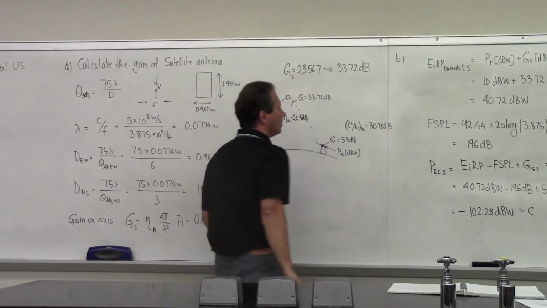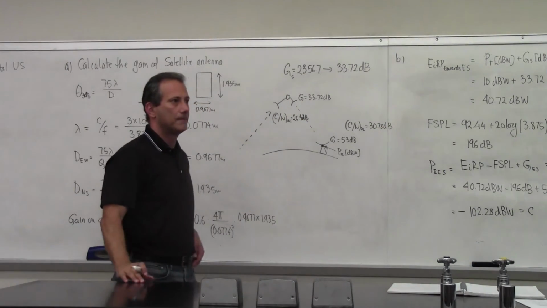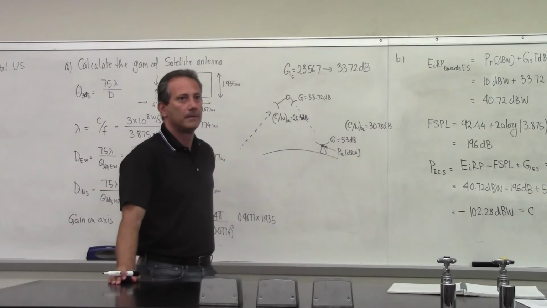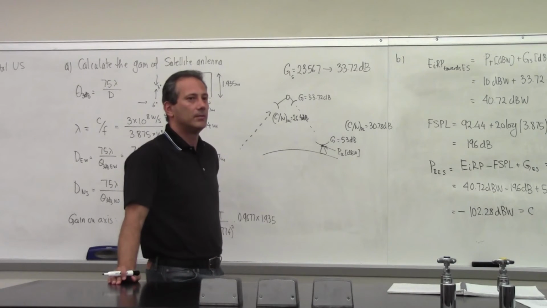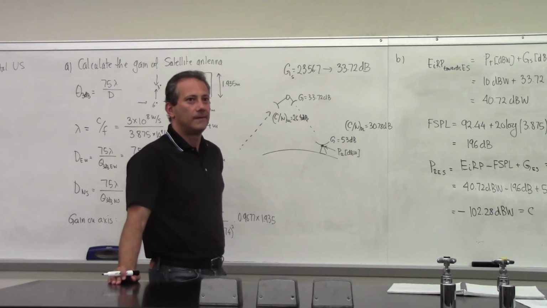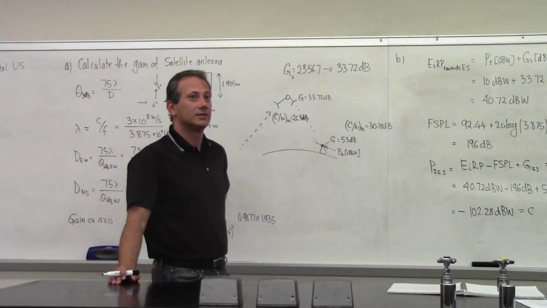What is the overall C to N? What is the result? Close to 30 or close to 26? Close to 26.